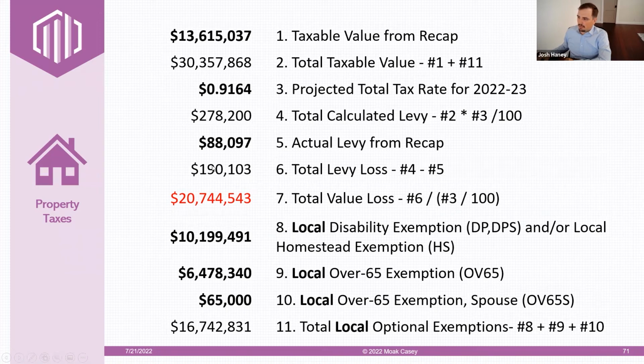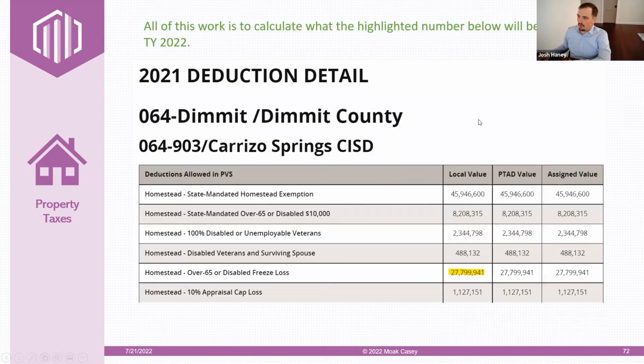Remember PEMDAS back in elementary school. So don't want to make that mistake. And then that's going to get you your total value loss. This red number here is what ultimately shows up on the controller property value study.